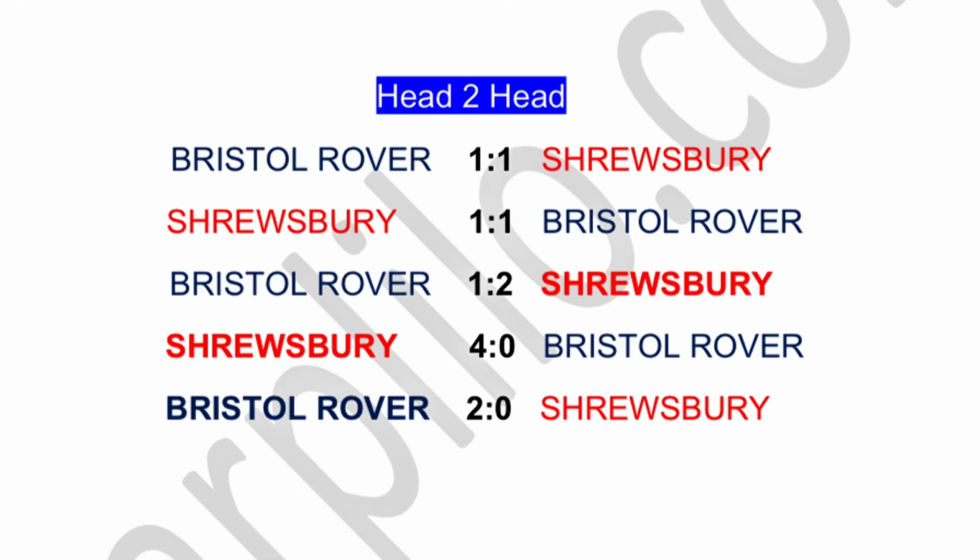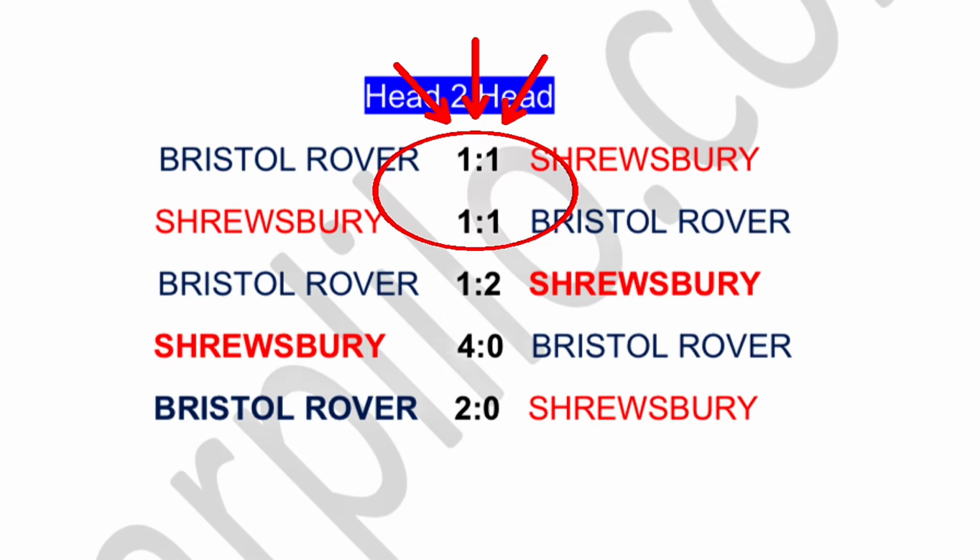Their head to head shows they can play correct score of 2-0, 2-1 and 2-2 because they played 1-1 two times in their previous meetings. But before we can predict the particular option out of 2-0, 2-1 or 2-2, we need to work out the calculation using Sharpest Formula 101.